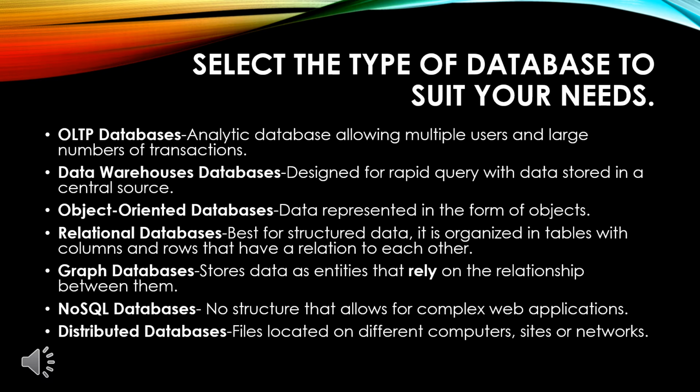It is organized in tables with columns and rows that have relation to each other. Graph databases store data in entities that rely on relationships between them. NoSQL databases have no structure that allows for complex web applications. And finally, distributed databases are files located on different computers, sites, and networks.